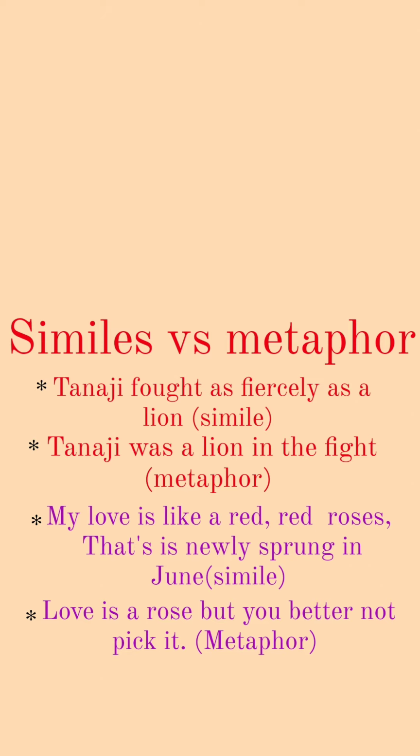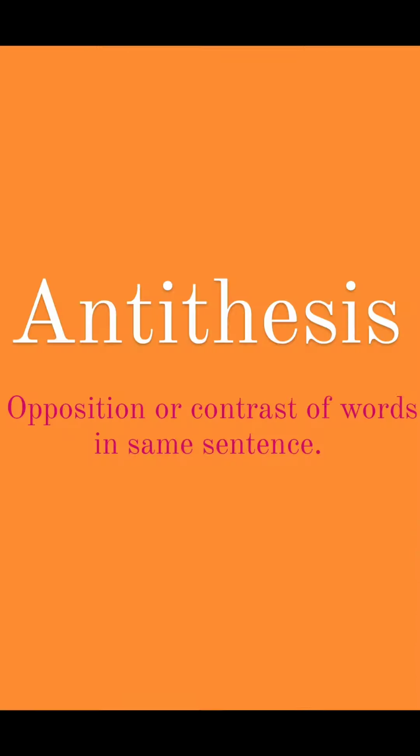It means we are using as here, it is a simile. But if I say Tanaji was a lion in the fight, it is a metaphor. One more example: my love is like a red rose that is newly sprung in June, which is simile. And next we have love is a rose but you better not pick it. It is metaphor.